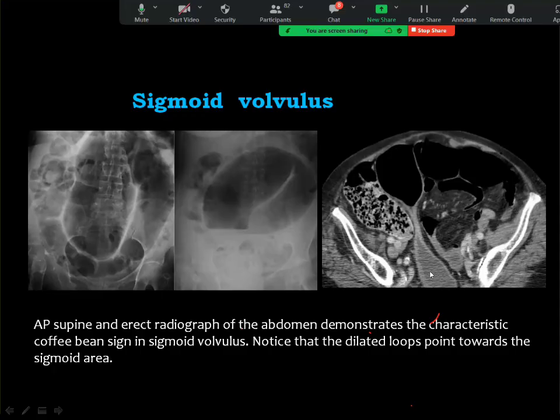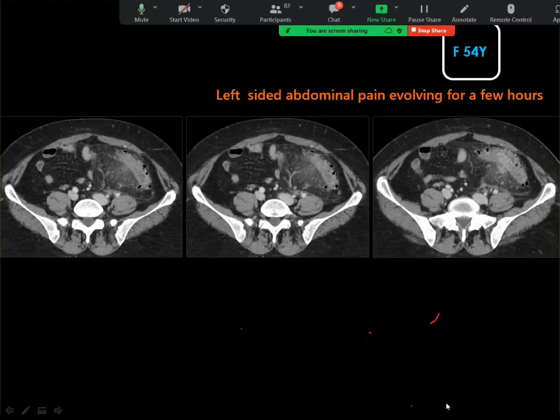And some of the examiners may start by this film, or sometimes you are confronted by a CT scan of the abdomen performed on emergency basis and look for this slit narrowing in the region of the sigmoid colon, then you go to the diagnosis of sigmoid volvulus.